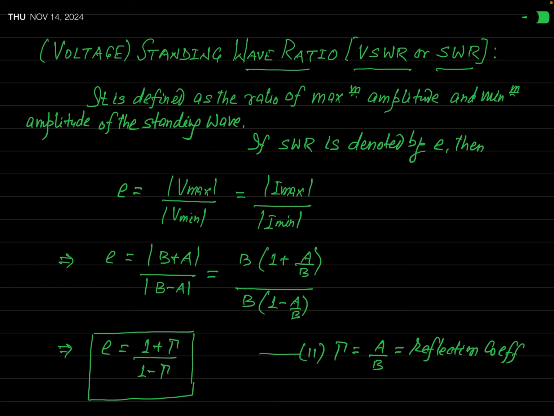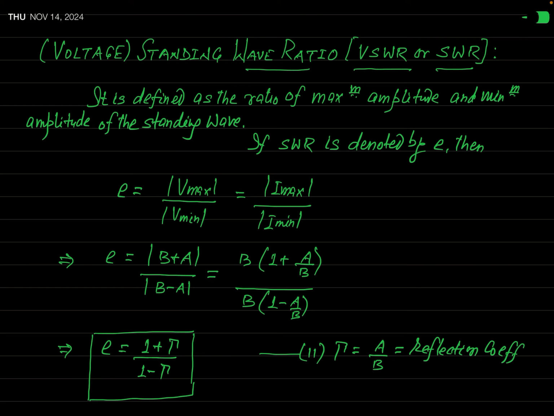Because here in case of a transmission line we talk about the standing wave where we consider the variation of voltage. Here voltage acts like a wave function. As in case of a sound wave, the excess pressure acts like a wave function. In case of an electromagnetic wave, the electric field vector and the magnetic field vector act like a wave function.